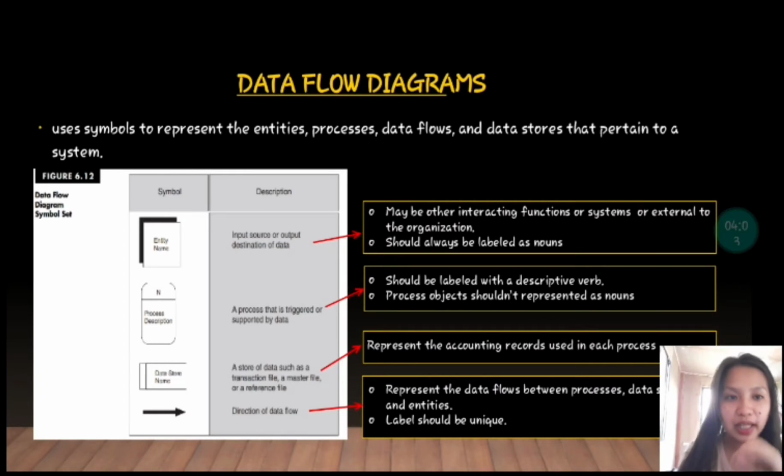It should be labeled uniquely, because the same label shouldn't be attached to 2 different flow lines.